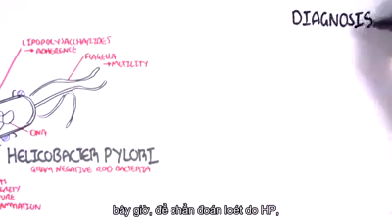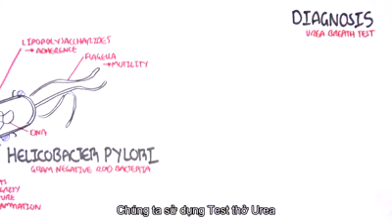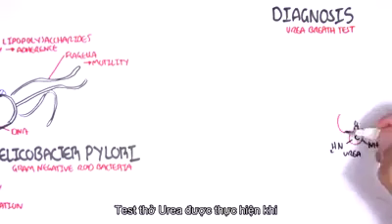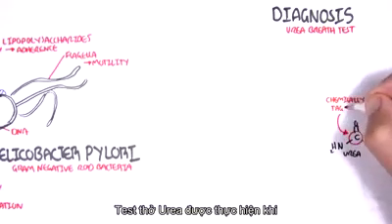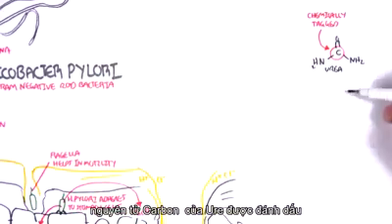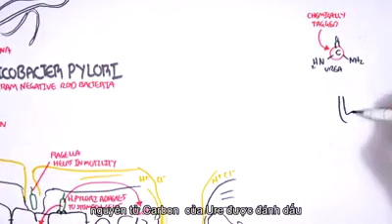Now, to diagnose a H. pylori ulcer, we use a urea breath test. A urea breath test is essentially when a urea chemical is tagged. The carbon of the urea chemical is tagged.